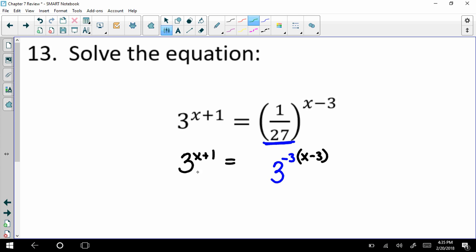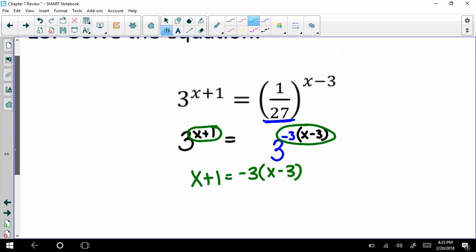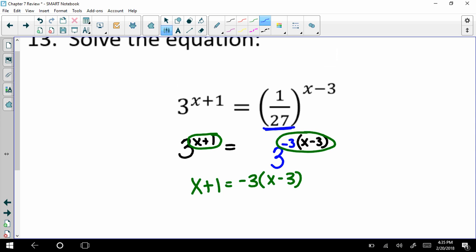Now, since I have the same base, we ignore the bases, and I set this exponent equal to this exponent. So I get x plus 1 equals negative 3 times parentheses x minus 3. Okay, now we do the algebra. So we're going to distribute first.